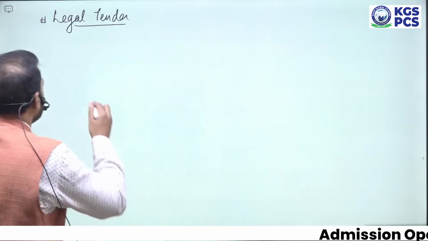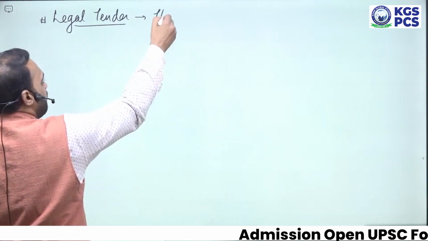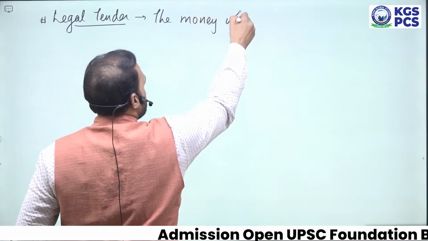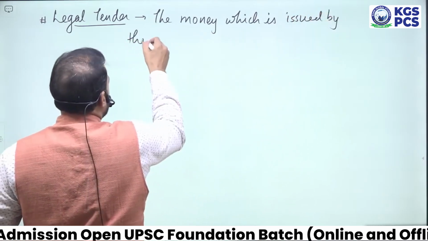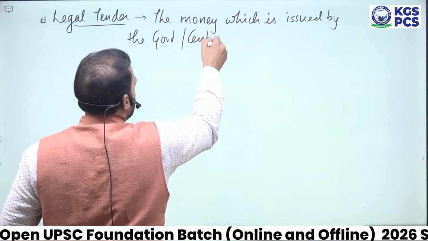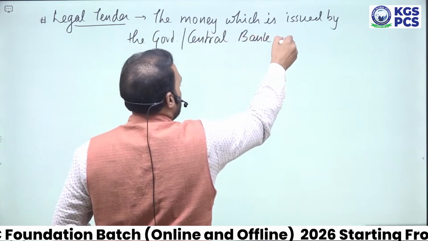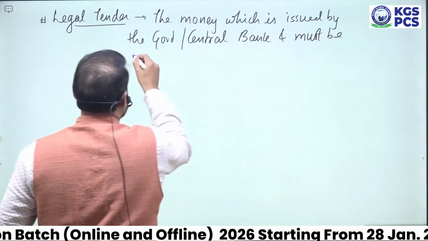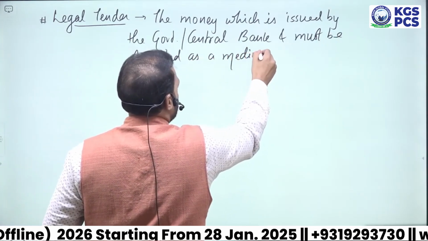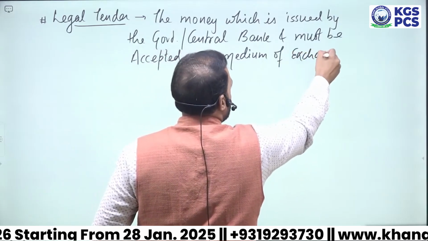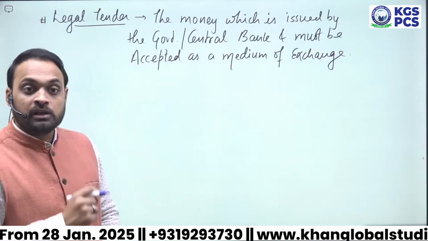The very simple definition is: legal tender means the money which is issued by the government, or we can say central bank, and must be accepted as a medium of exchange. So that is called legal tender.